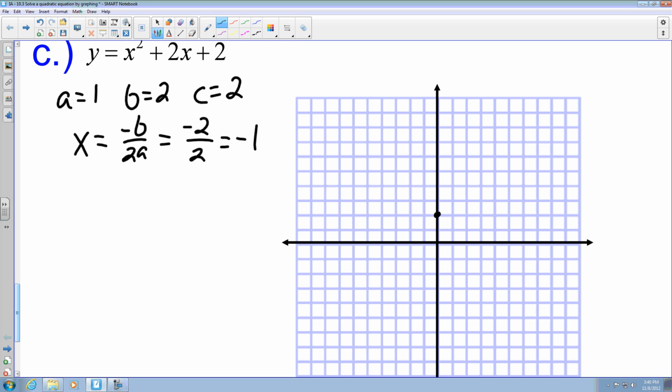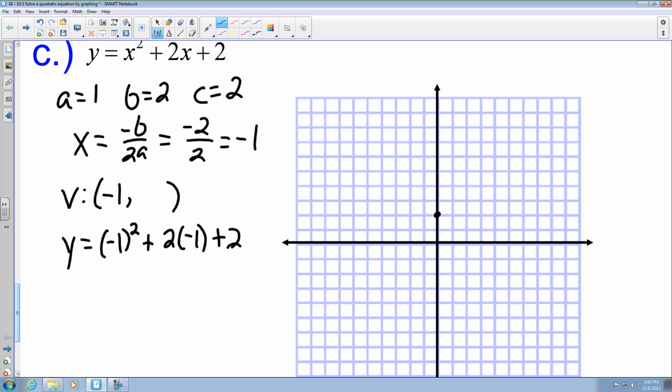In order to find the vertex, I know that the x value is negative 1, and for the y value we can substitute negative 1 in for x, so negative 1 squared plus 2 times negative 1 plus 2. Negative 1 squared is 1.